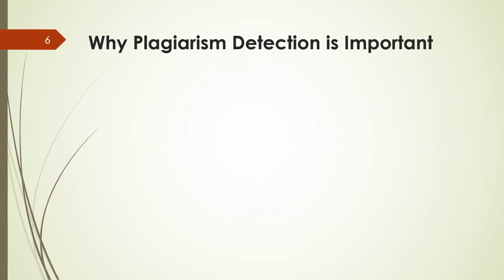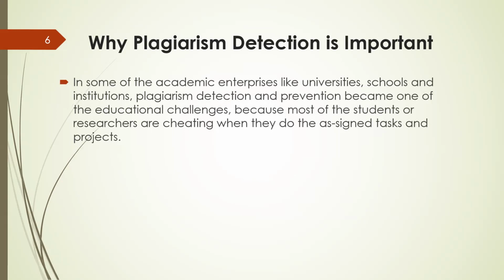Now, why is plagiarism detection important? In some academic enterprises like universities, schools, and institutions, plagiarism detection and prevention have become one of the educational challenges because many students and researchers cheat when they do assigned tasks and projects. We can observe this when we give an assignment to students in class, especially if you are giving numerical problems to solve.